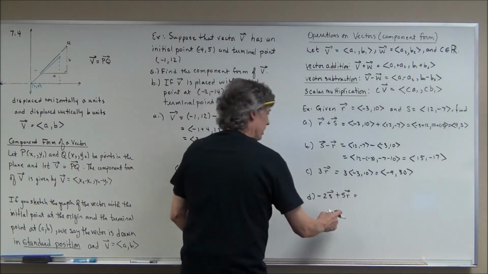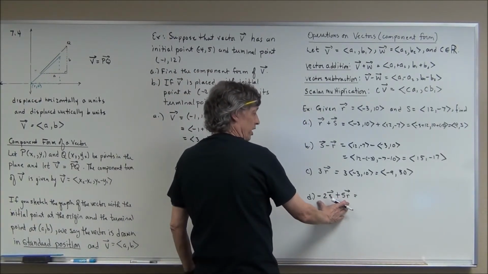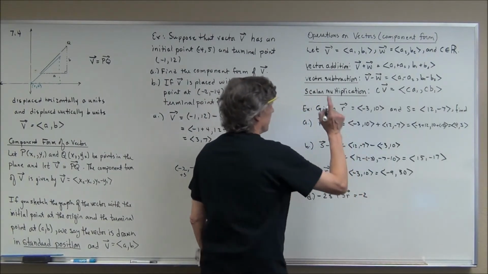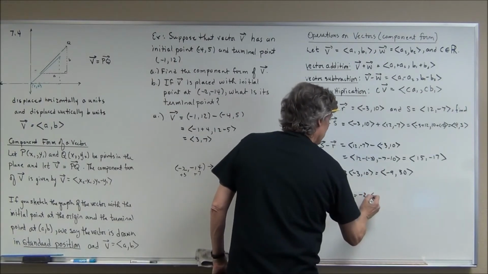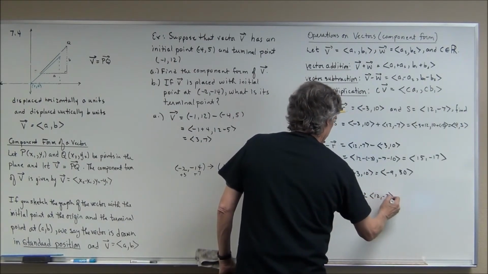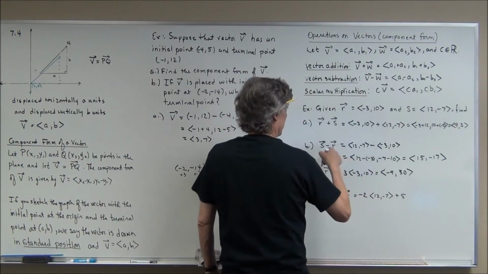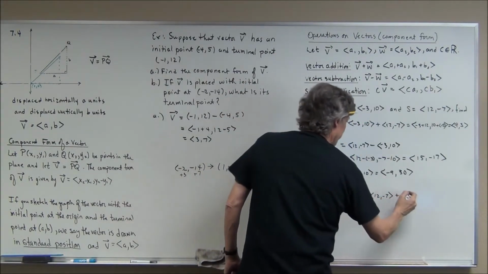This one here, you're adding 2 vectors, but you're adding scalar multiples of 2 vectors. So this is going to be -2 times s, which is ⟨12, -7⟩, plus 5 times vector r, which is ⟨-3, 10⟩.